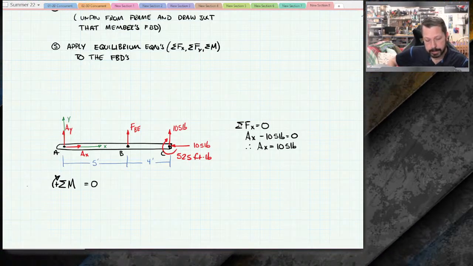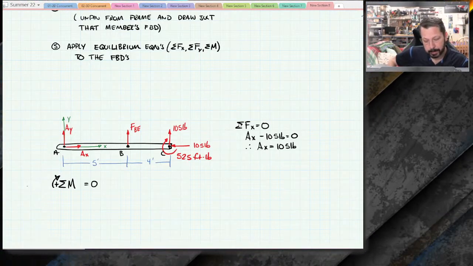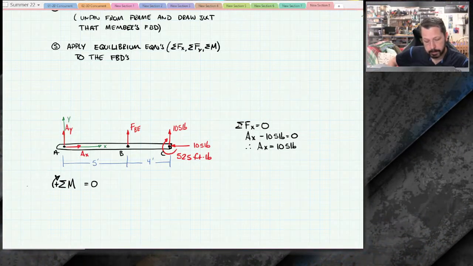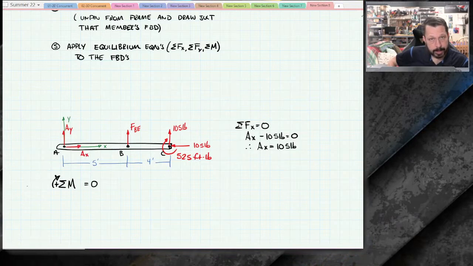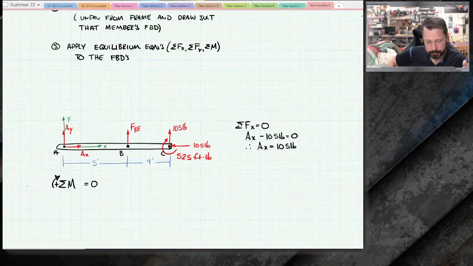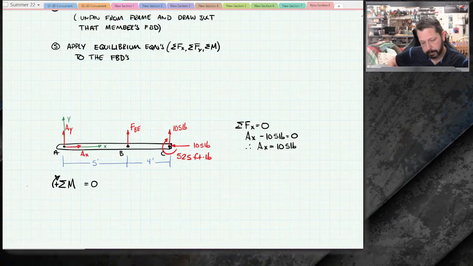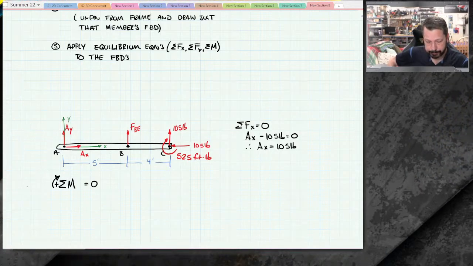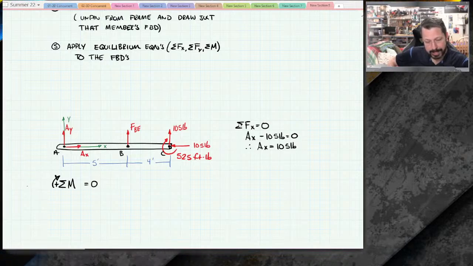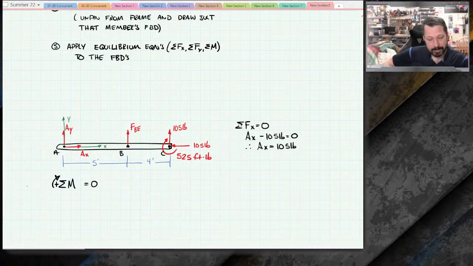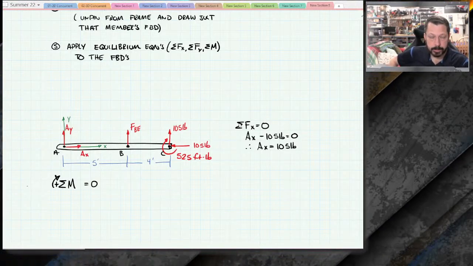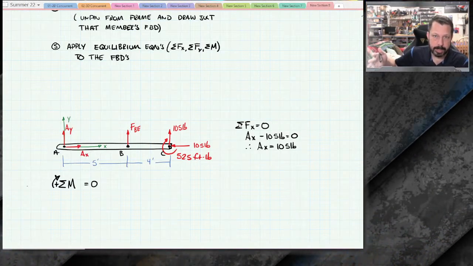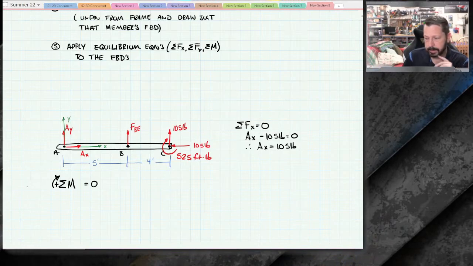So we either need to sum moments at point A or at point B. Because if I sum moments at point A, then I will not have AY in this equation. And if I sum moments at point B, I will not have FBE in this equation. If I sum moments at point C, then both of those two unknowns, AY and BE, would be in the equation, and I just end up with having to do simultaneous equations.